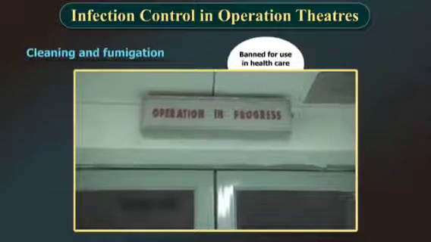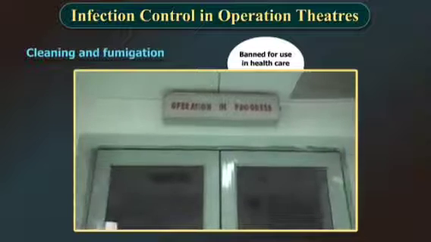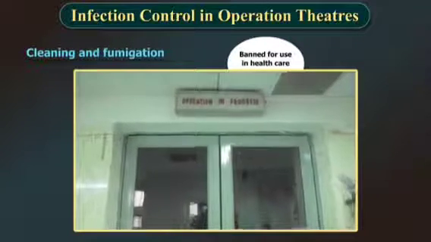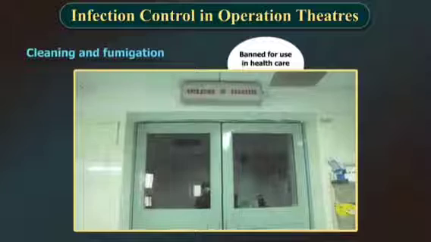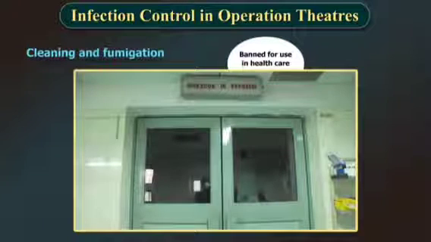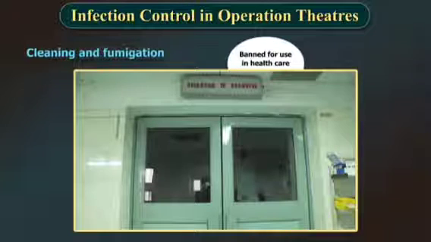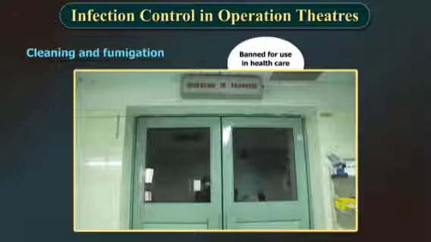Appropriate procedure needs to be followed for fumigation, keeping all doors and windows closed, keeping all staff and patients out from the fumigation area, and may be done on holidays or when the OT is non-operational.